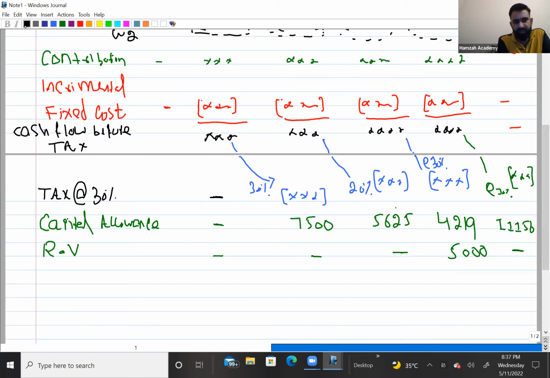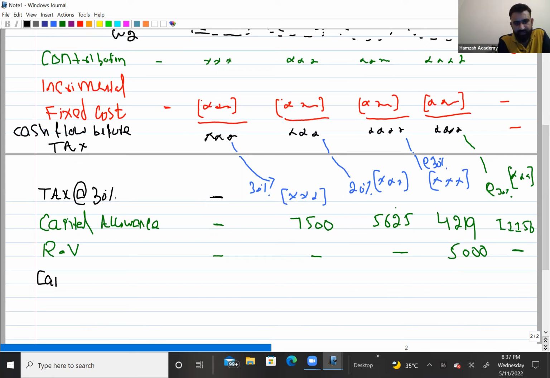Then at the last, we will adjust working capital. Working capital.